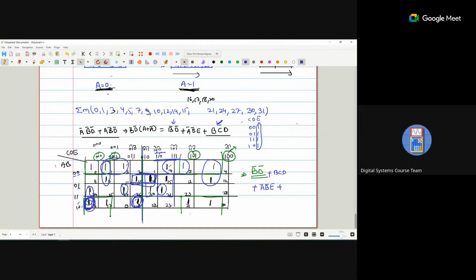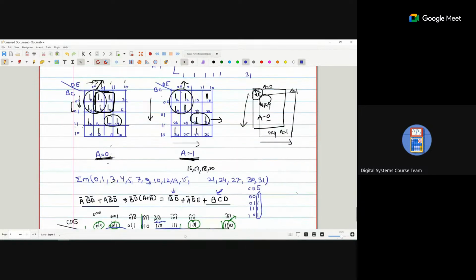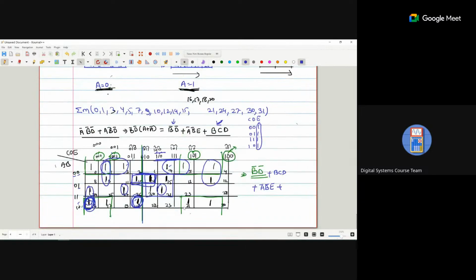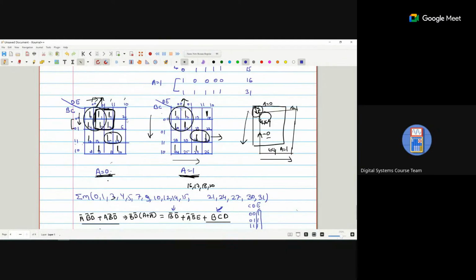Okay. So either you can solve in this way or you can solve in this way. That is better. Just identify the groups in the first matrix, identify the groups in the second matrix, and for groups that overlap, just eliminate the variable A. If groups do not overlap, write an equation and consider for which matrix this group is created.